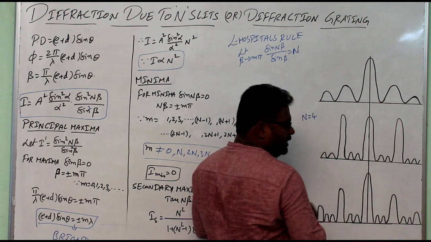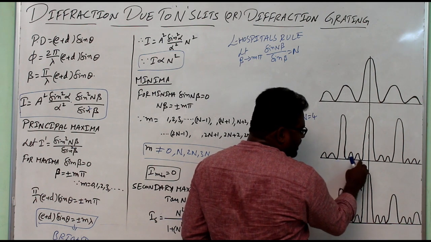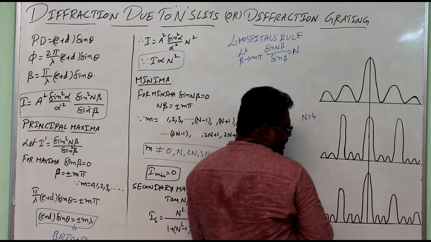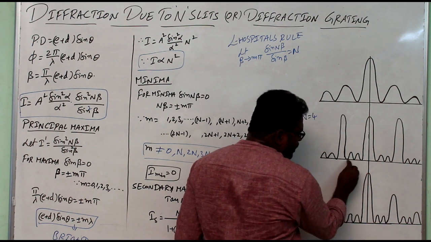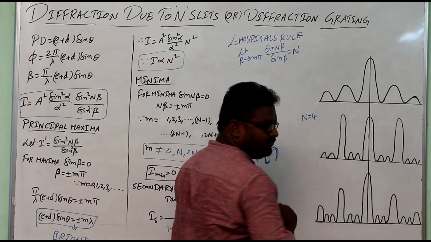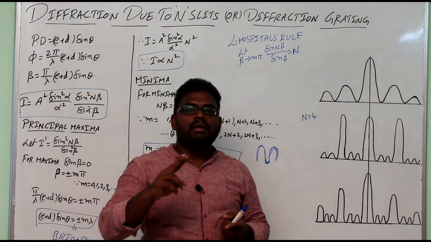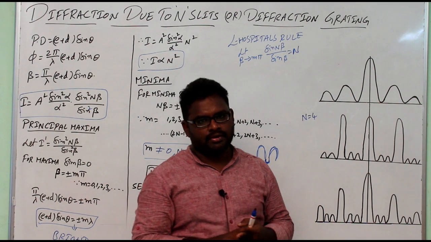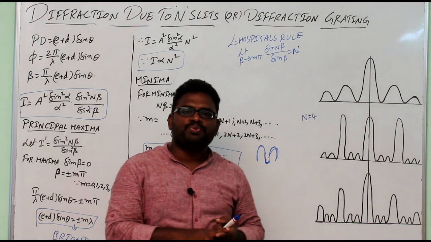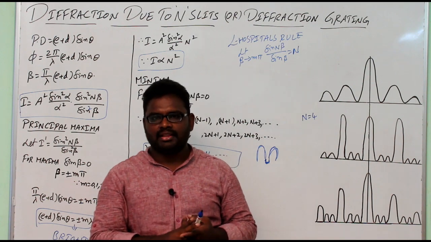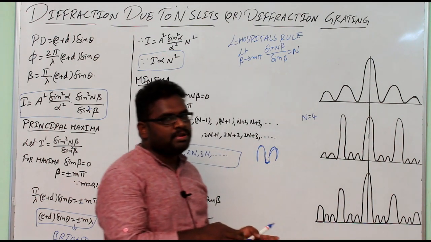In order to say these 3 are minimas, there should be 2 secondary maximas. So if N minus 1 minimas are there, there are N minus 2 secondary maximas, apart from the principal maxima.